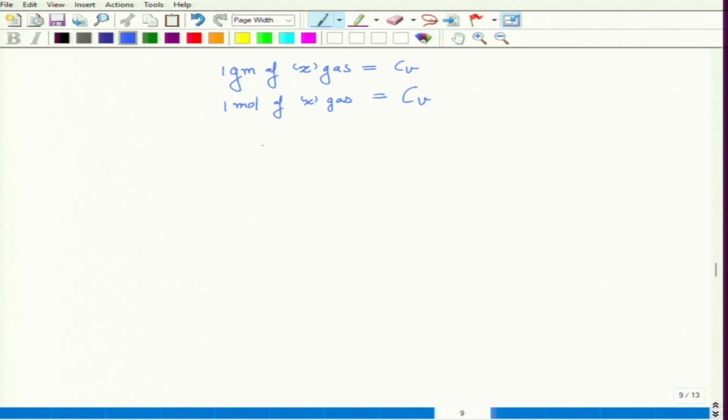Let the molar mass of X gas be m. So 1 mole of X gas has m gram.